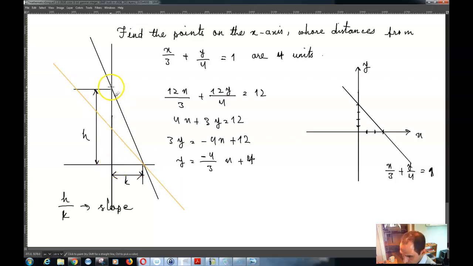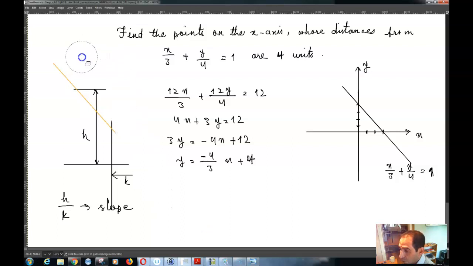But this distance is nearly twice this distance, so the slope of the line is twice the slope of this orange line over here. So basically, the ratio of the x and y intercepts of a line is nothing but the slope of your line, and it's something that I had never actually realized before.